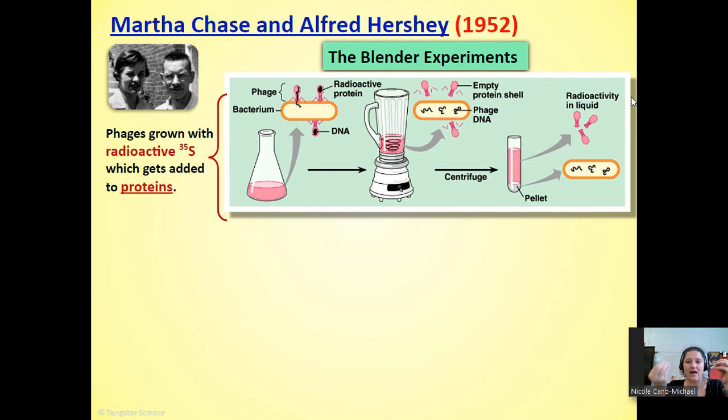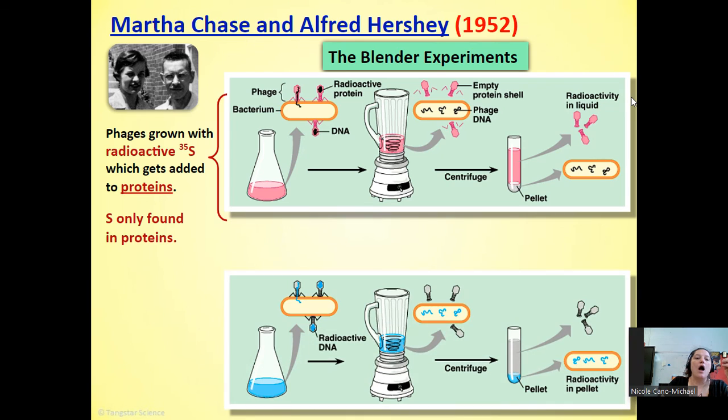The pellet is the heavy stuff. The pellet is the bacteria. If the pellet is radioactive, that we know has to contain genetic information. When they ran it with the radioactive protein coats, the radioactivity was only in the liquid, which means it was not in the pellet, which means it was not injected into the bacteria.